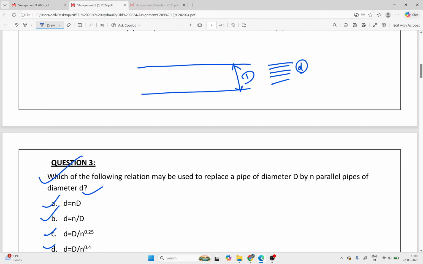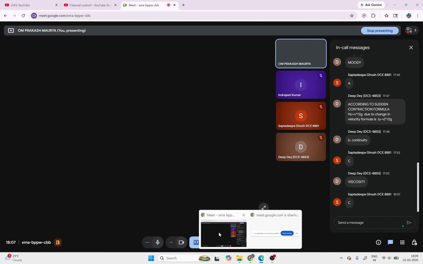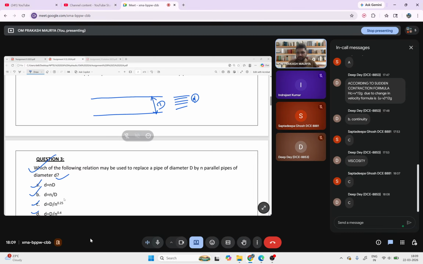Just try to think how you will come up with this relation from the bigger one to the smaller one. Another thing, you need to arrange these pipes in parallel. So just try to think.